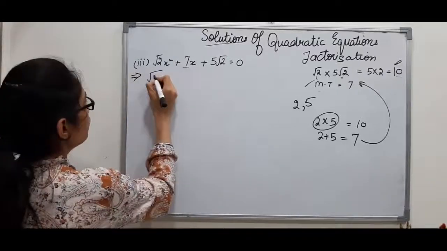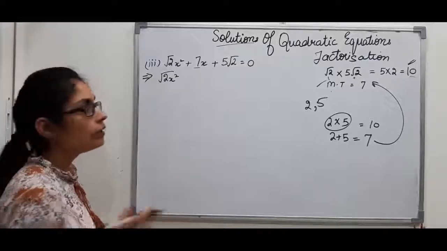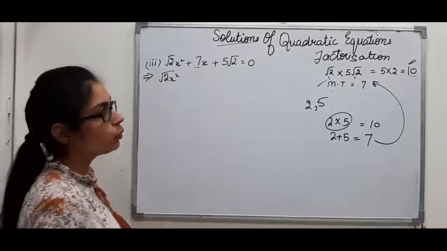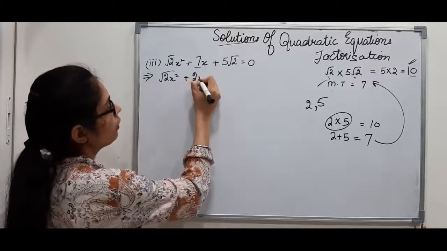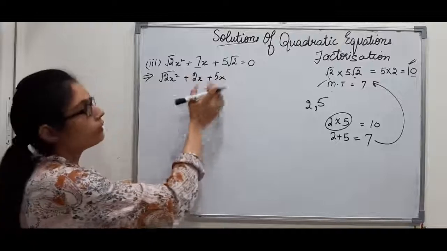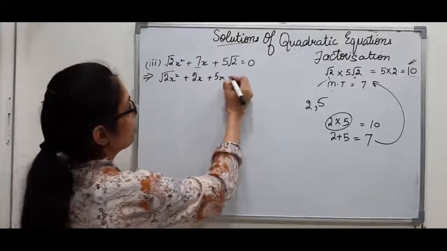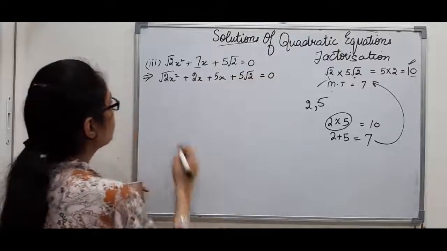So let's do it. Root 2 x squared, this 7x we have to split into 2x and 5x. So I will write it down as 2x plus 5x. See, 2x plus 5x will be equal to 7x, plus 5 root 2 equal to 0.